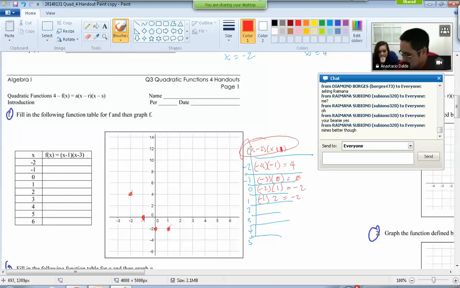What is 2 minus 2? 0. And what is 2 plus 1? 3. It doesn't matter, because 0 times 3 is still 0. Let's plug in 3. 3 minus 2 is what? 1. And then 3 plus 1 is 4, so that would be 4.